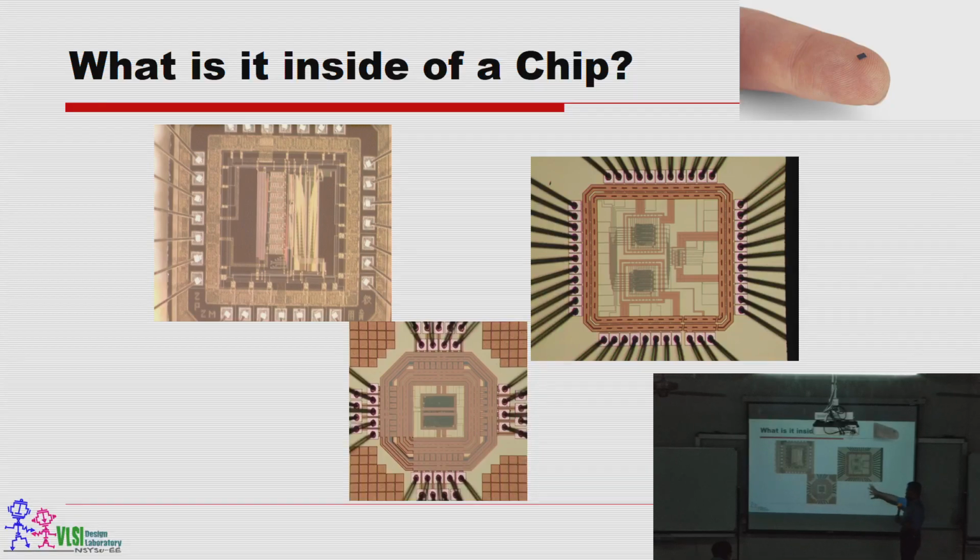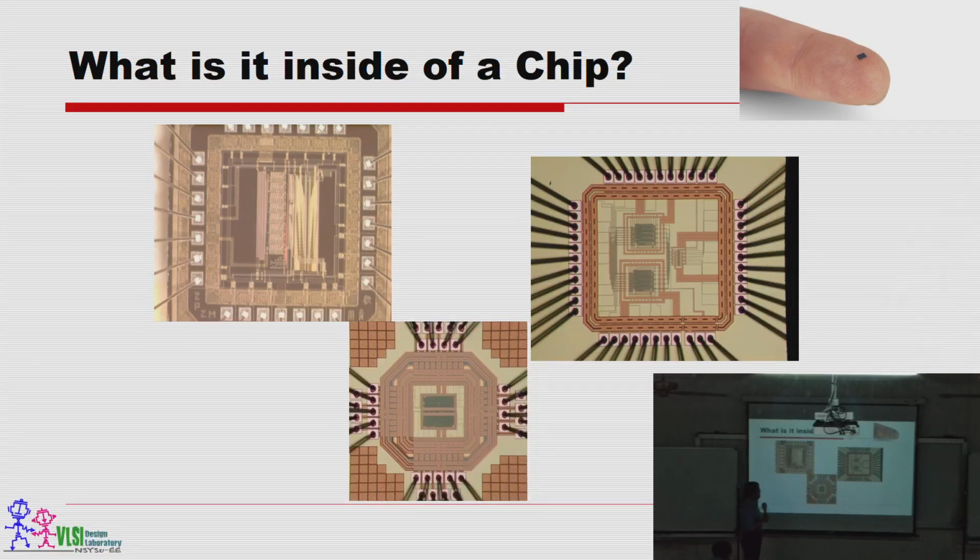And these are just some examples that were designed by my students before. When you use a microscope and look into it, this is how it looks, very differently. This is the old-fashioned one. This is probably the oldest one that my lab has ever taped out.